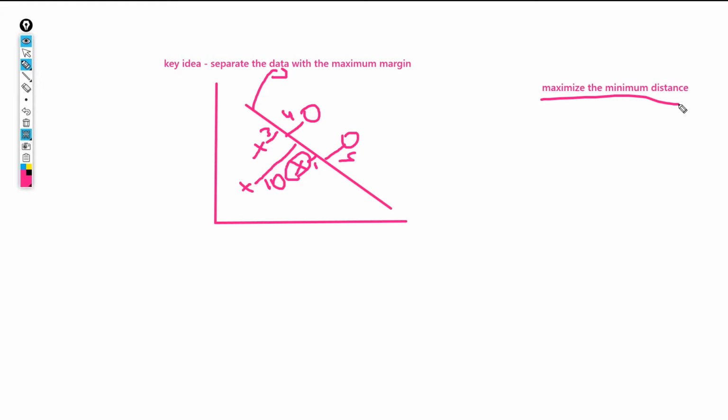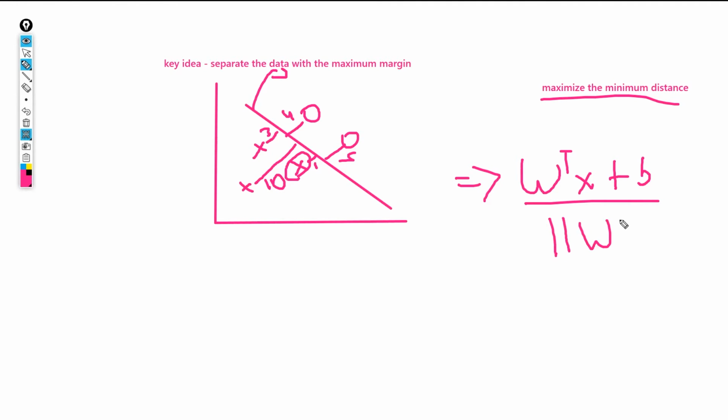One more thing is how we are going to find the distance between this line and this point. For that we have a formula: w transpose x plus b divided by the L2 norm of w. And what is the L2 norm of w? It is going to be the square root of w0 square plus w1 square plus w2 square.